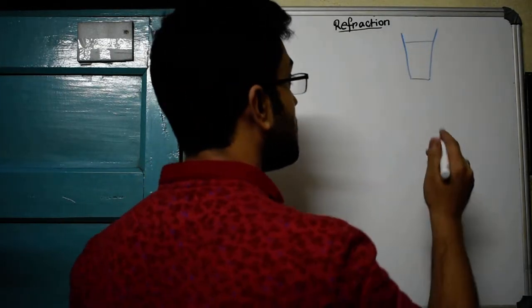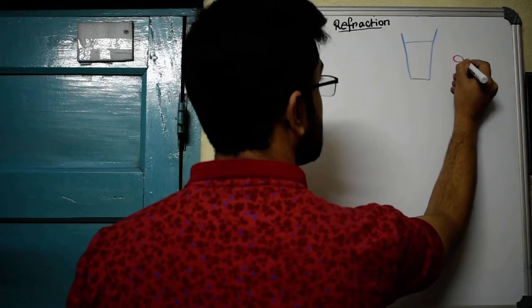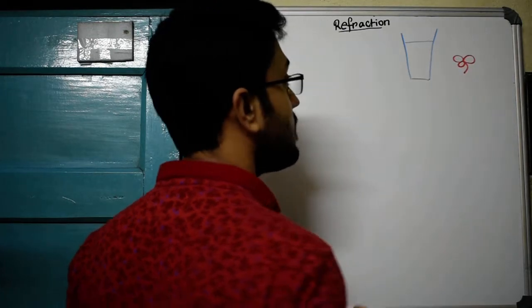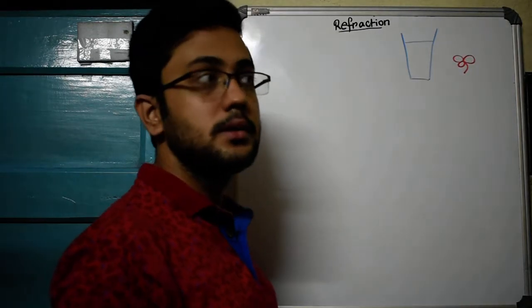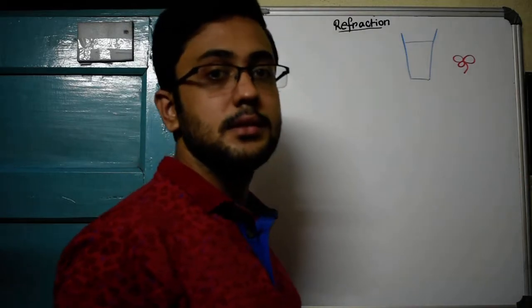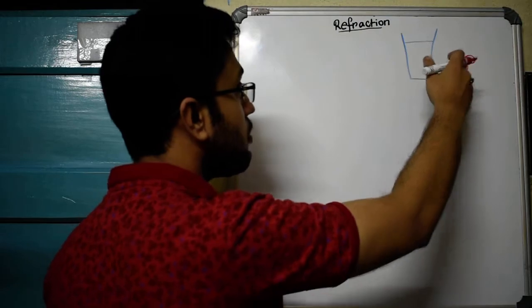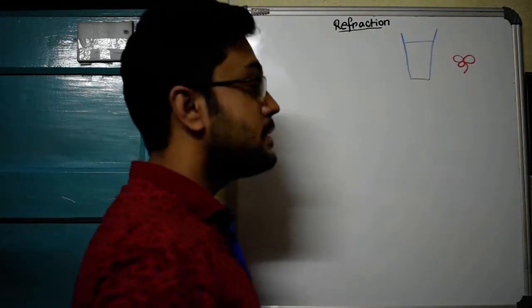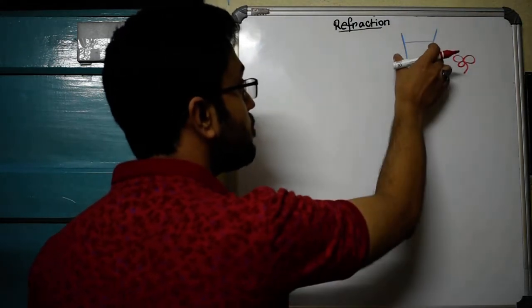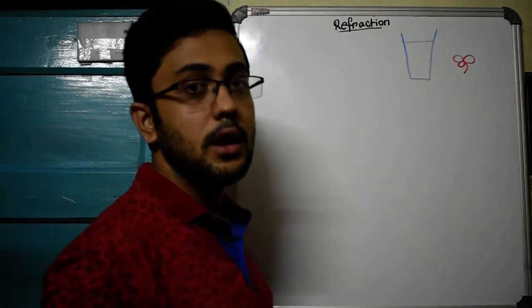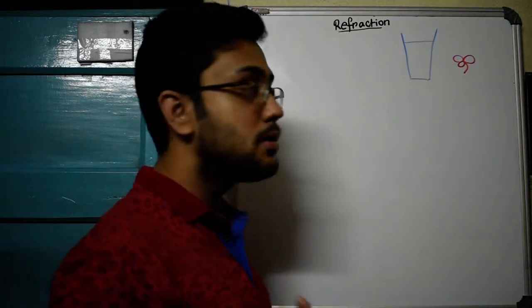Suppose there is a flower like this, situated on a flower vase on a table, and you are viewing that flower once directly through air, and then somehow you bring this glass of water in front of the flower. So how will the flower appear now?